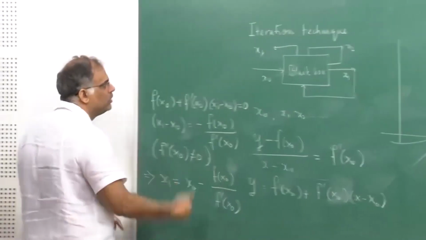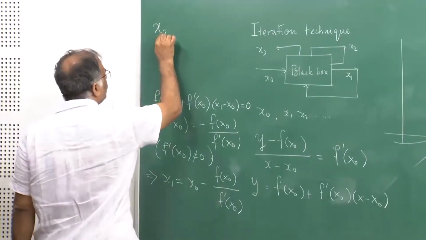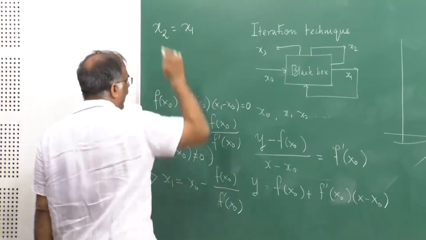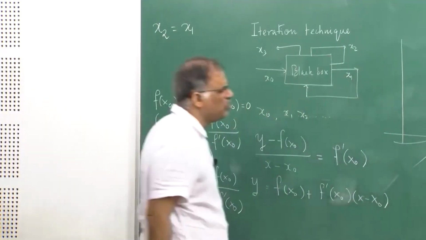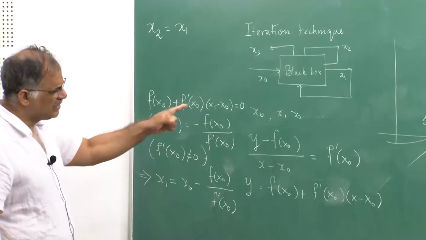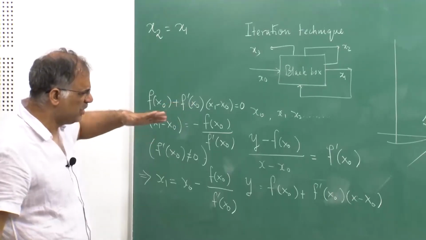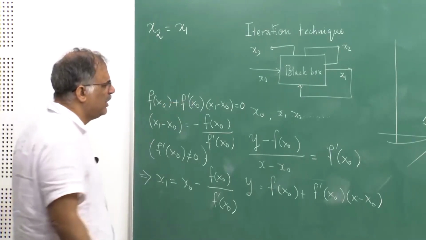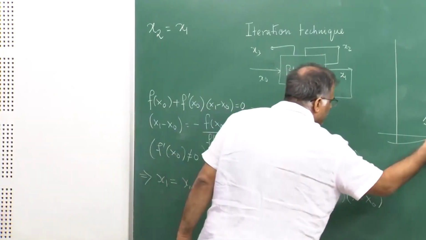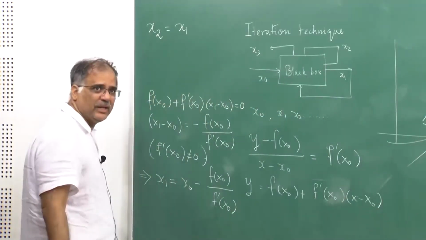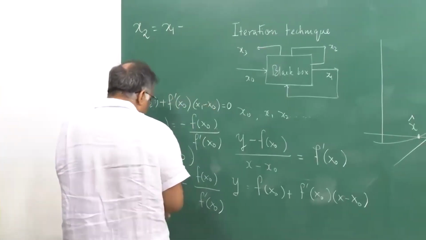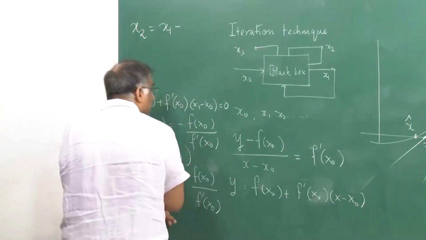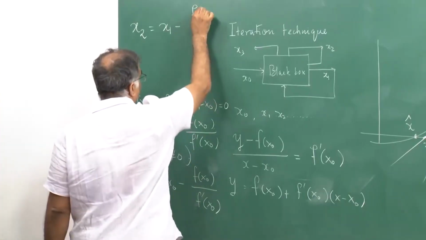So x2 would be equal to x1 minus f(x1) by f dash x1, assuming again that the angle theta 1 is not horizontal, so the derivative cannot be 0.